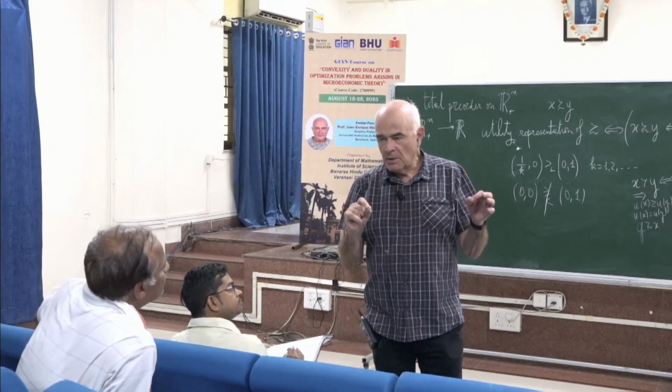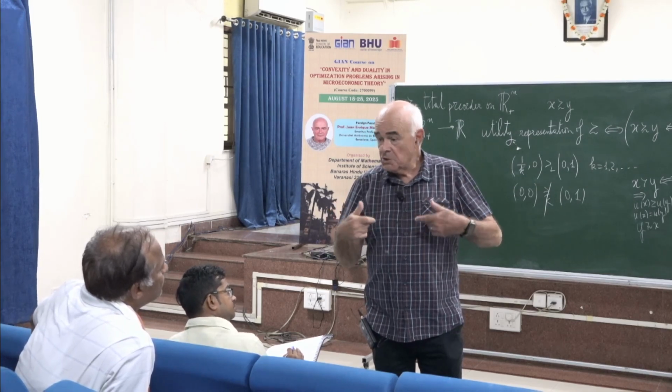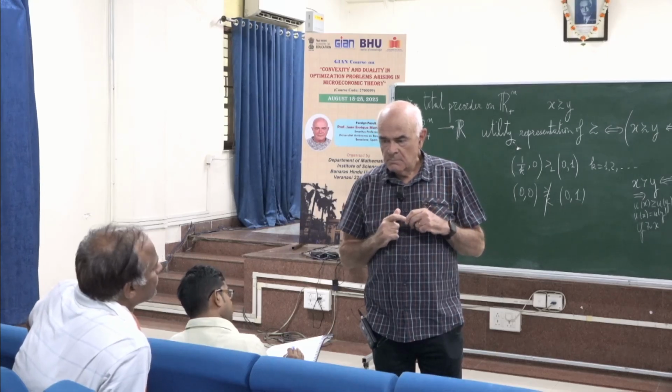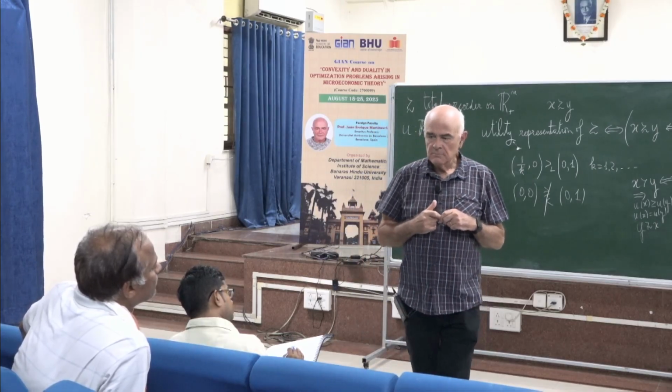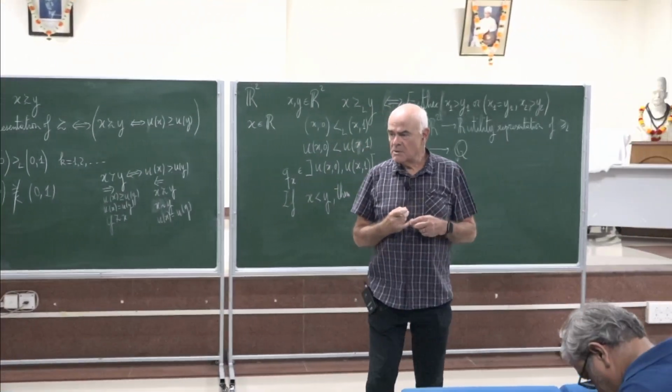So in the interval u of x0, u of x1, there are infinitely many rationals, choose one. You don't agree? Well, this may be the axiom of choice, if you want. So we are accepting the axiom of choice. Okay? And so is this clear or not?